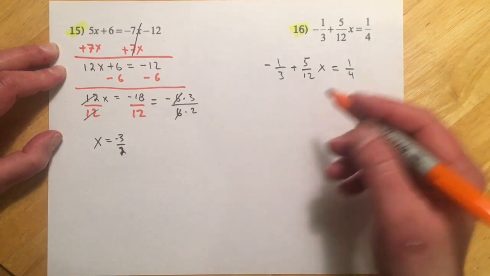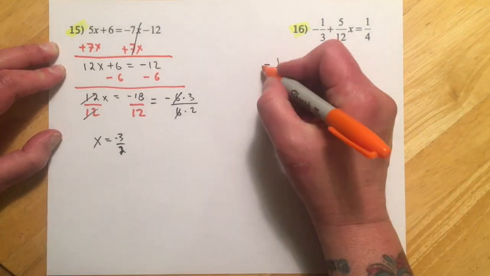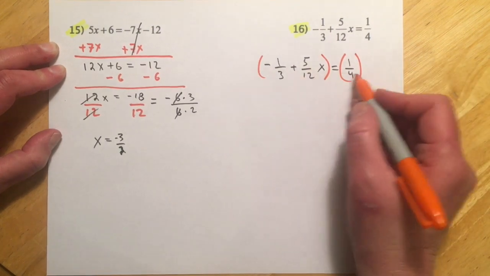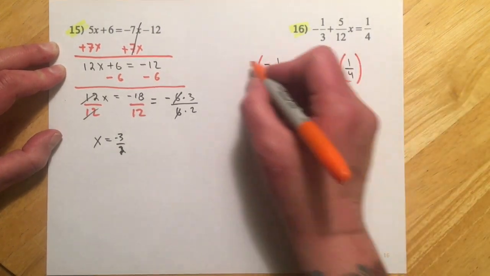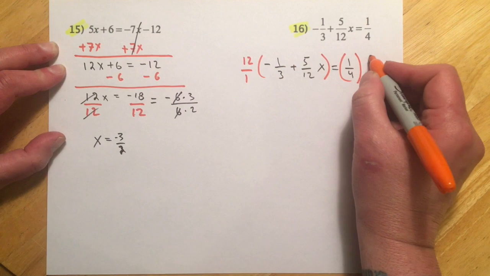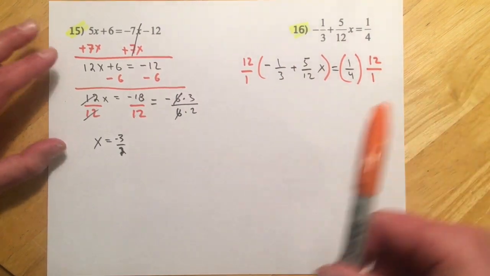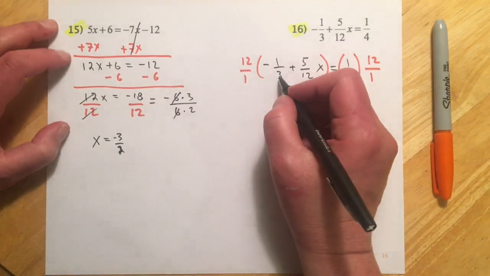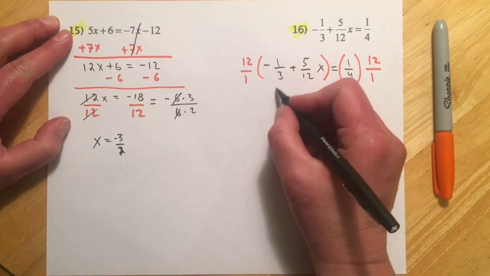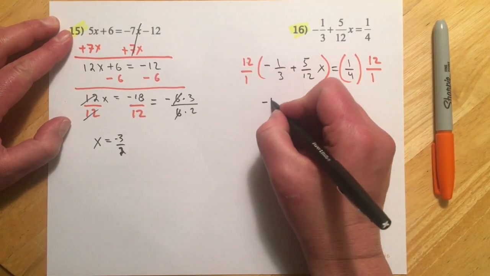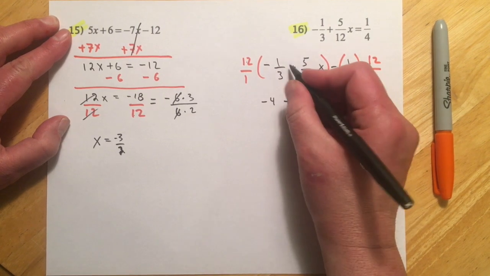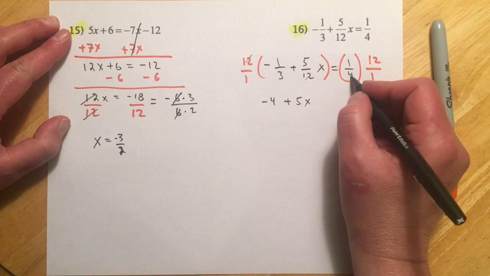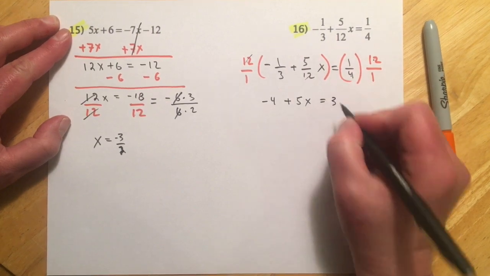And last one here, we got some fractions to clear. This one I'm going to show where I just go straight to the line, just to kind of do one that way. So 3, 12, and 4, we'd use a 12, that's our common denominator. And so here we got 3 into 12, so that's going to be negative 4. And then plus, here the 12s would just cancel, 5x, 4 into 12 equals 3.